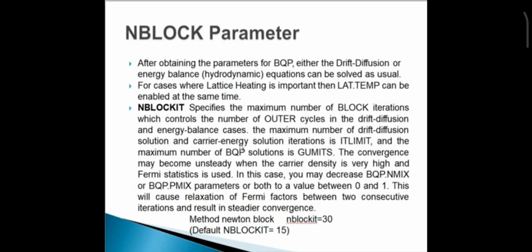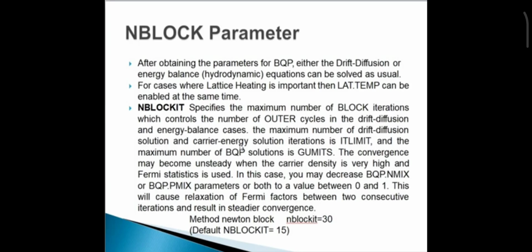Next is setting the nblockit parameter in the method statement. After obtaining the parameters for BQP, either the drift diffusion or energy balance equation can be solved as usual. For cases when lattice heating is important, lat.temp can be enabled at the same time and is used in the method statement.